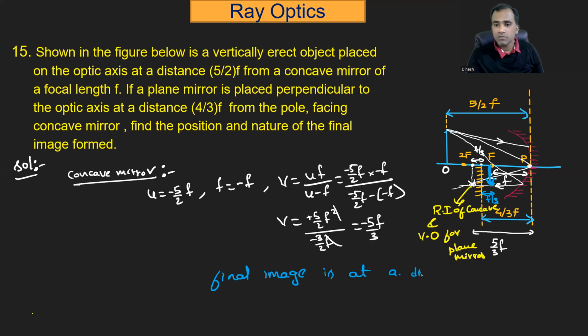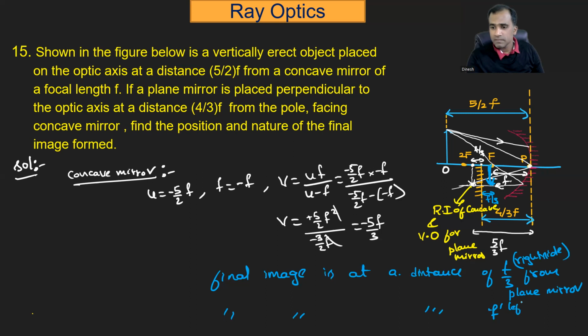In the options it can be like this or it can be the other way also. Final image is at a distance of f/3 from the plane mirror towards the right side, or the final image is at a distance of f on the left side from the concave mirror.